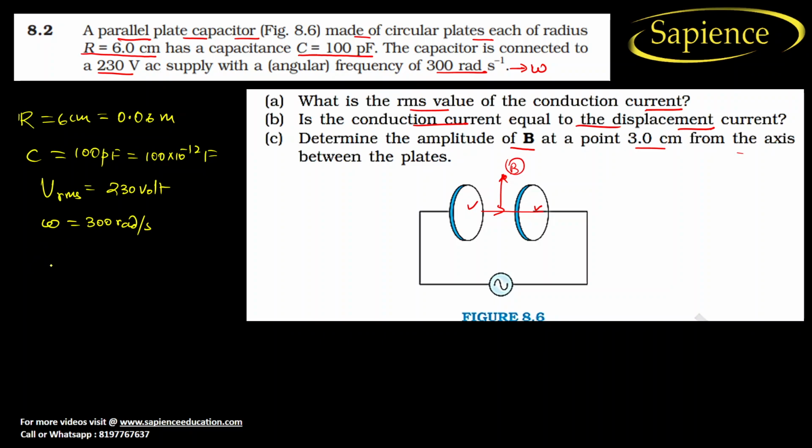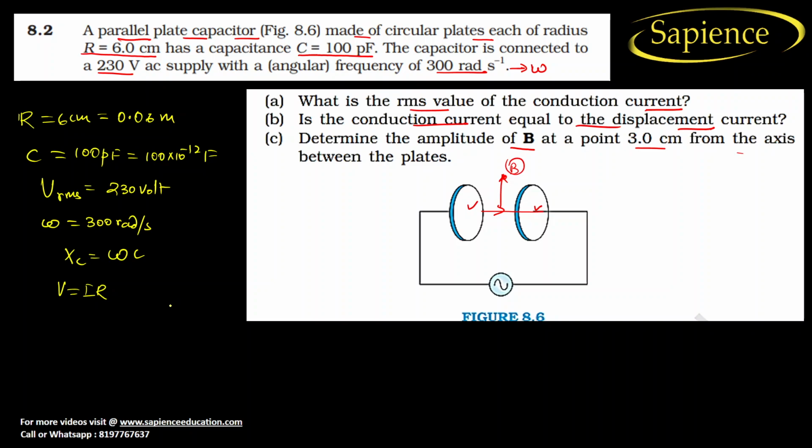Now the thing is that we need to find Irms. So Irms will be equal to what? Since it is a capacitive circuit, the resistance will be Xc. Now we know that the general formula for the current is V equals IR.